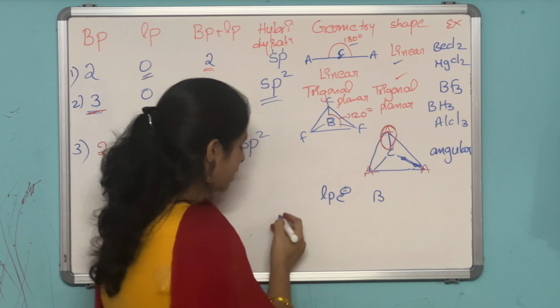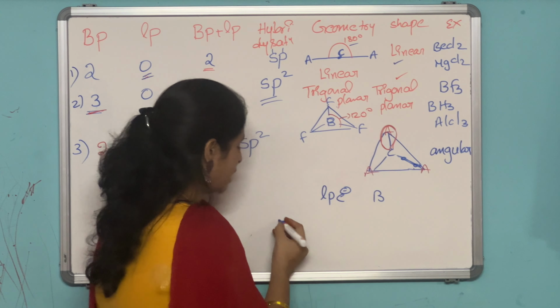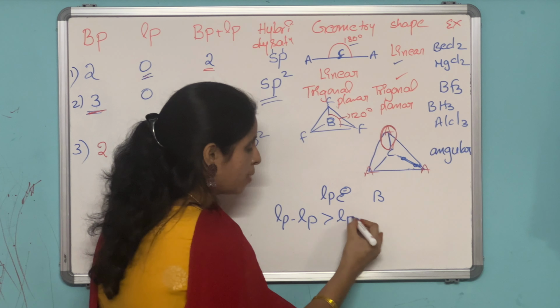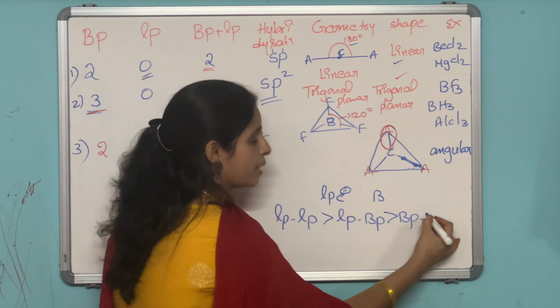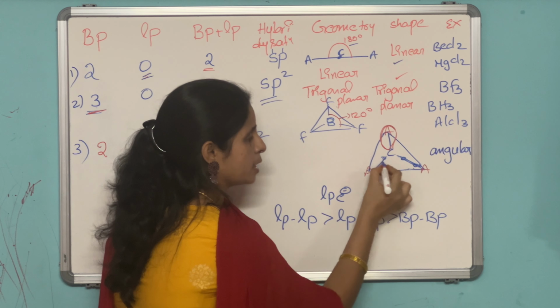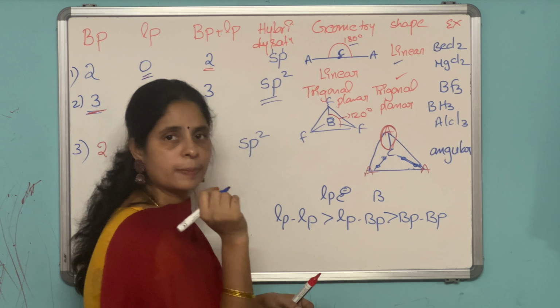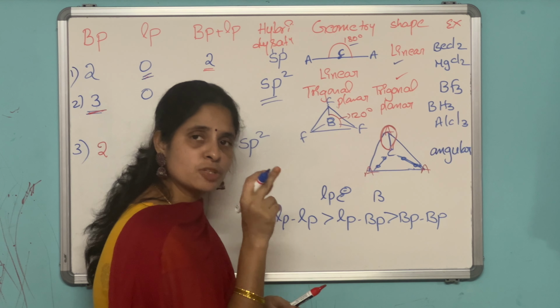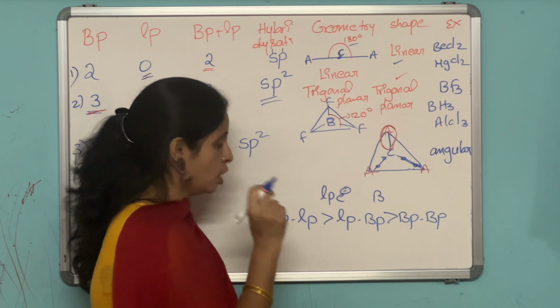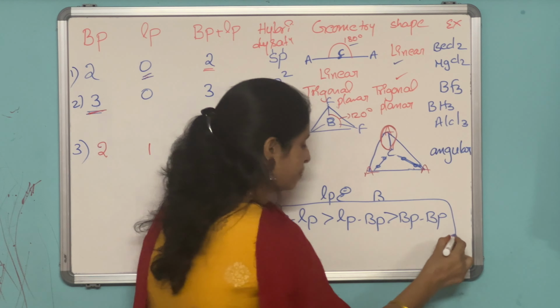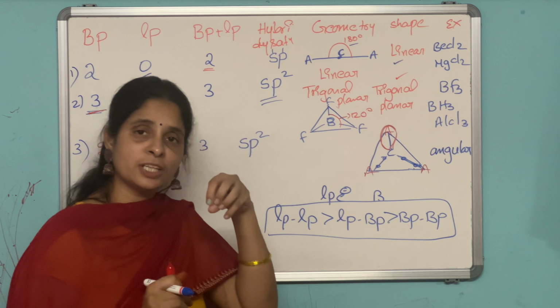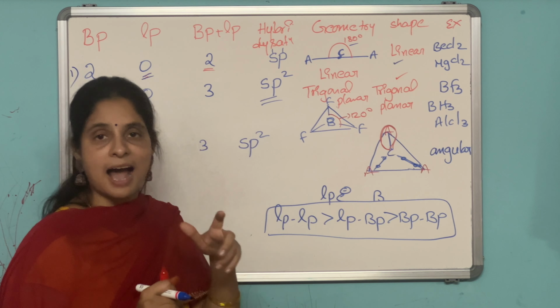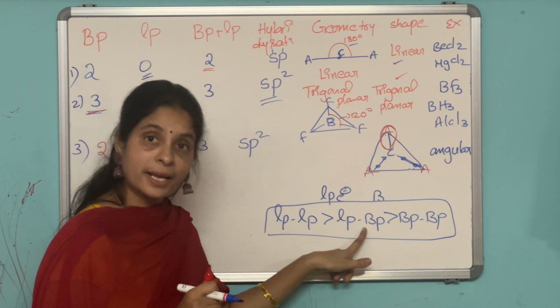So the order of repulsions is: lone pair-lone pair repulsions are greater than lone pair-bond pair repulsions, which are greater than bond pair-bond pair repulsions. Because in the bond also, 2 electrons will be there, and there exist repulsions between the bond pairs of electrons also. So this is the order you should remember. Please make it a note. The repulsion between a lone pair and a lone pair of electrons is larger when compared to lone pair and bond pair.